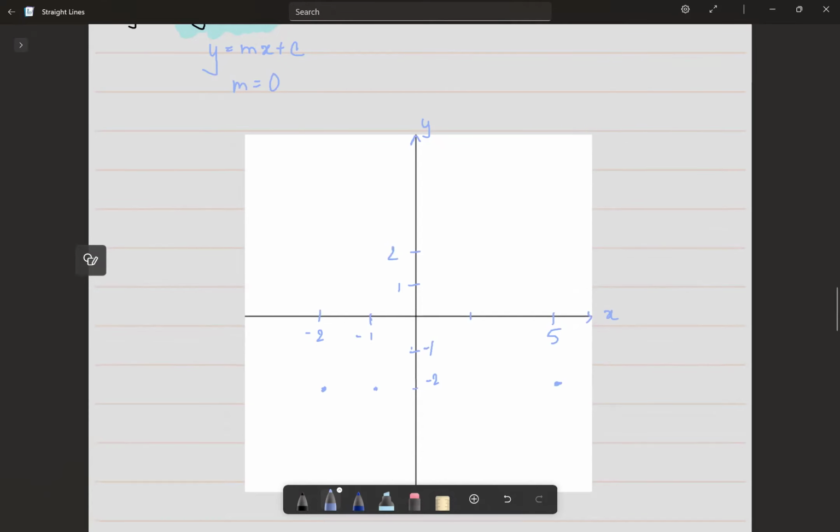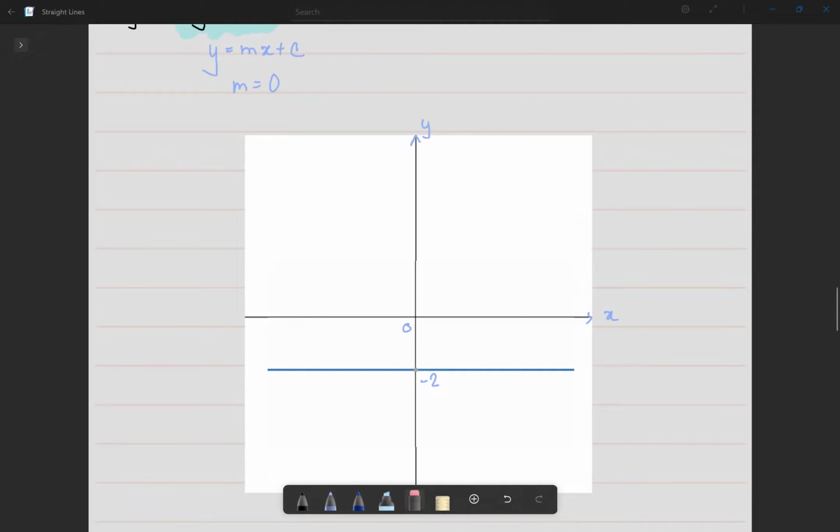So if we draw this line, it will look like this. So we can see that we get a line like this, which is a completely horizontal line.